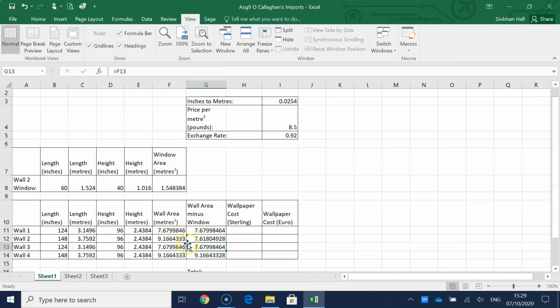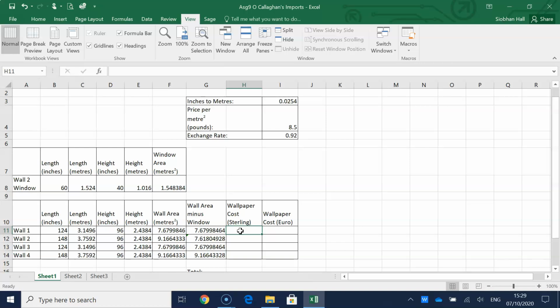A little tag comes up on the side, which is like a comment or an error message, and it's basically pointing out that it's an inconsistent formula, but we know that. We didn't need to take a window away from any of the other walls, only from that one.